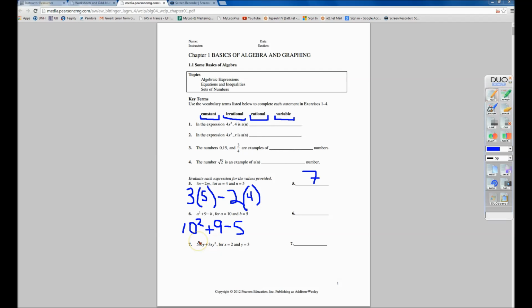Now in the protocol of operations, what do we do first here? We square the 10. That gives us 100. And we're going to add it to 9. That gives us 109 minus 5, 104.